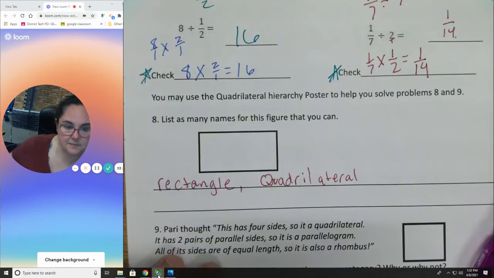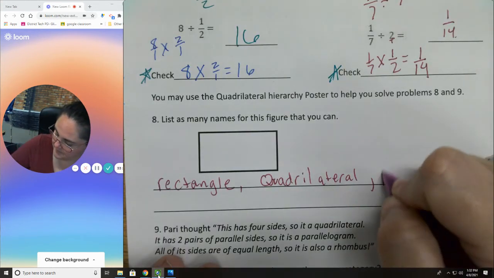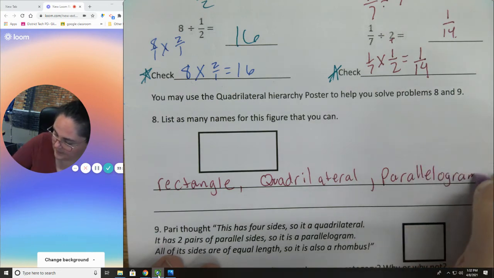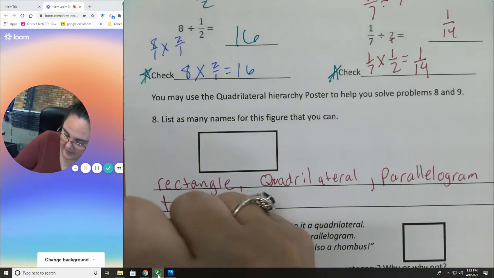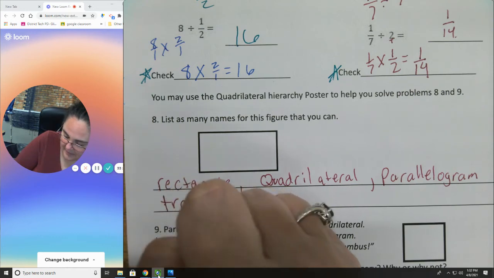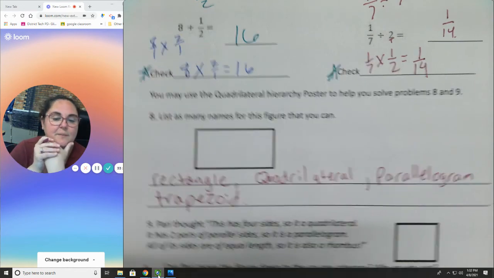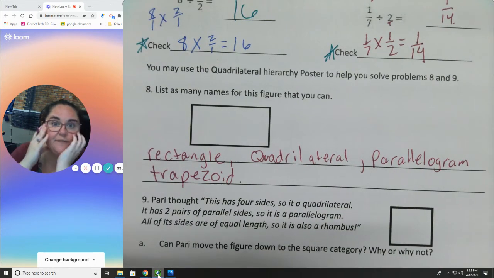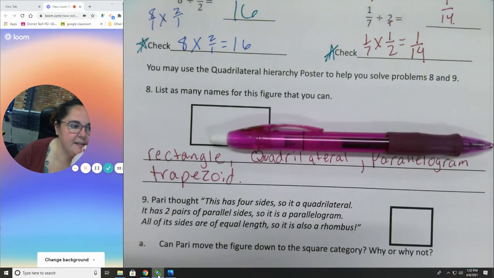Okay. That's what it means. On your test, it's going to be a different shape.